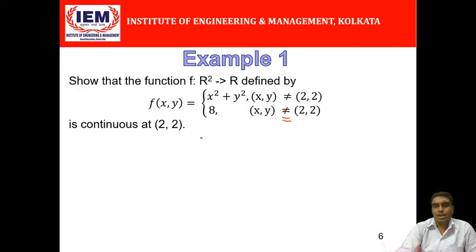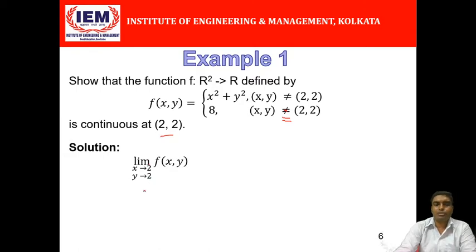For this continuity, we have to check whether the limit at the point 2 comma 2 of this function is exactly equal to the functional value, that is 8. So if I take the limit of this function as x tends to 2, y tends to 2, then the function value is x squared plus y squared, because when it is not equal to (2, 2), the functional value is x squared plus y squared.